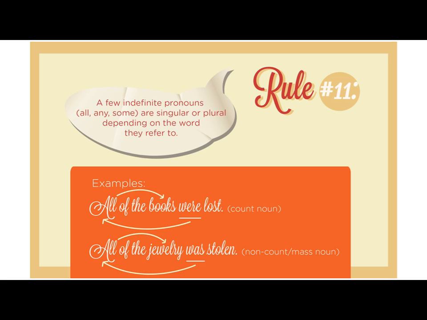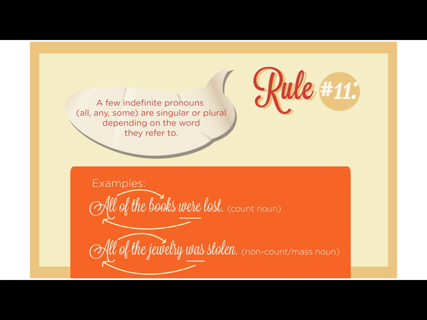Next rule. A few indefinite pronouns, all, any, some, are singular or plural, depending on the word they refer to. Example, all of the books were lost. So, count noun. Count noun means what?